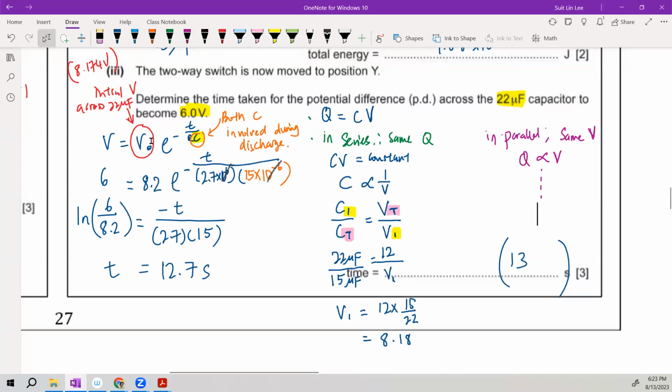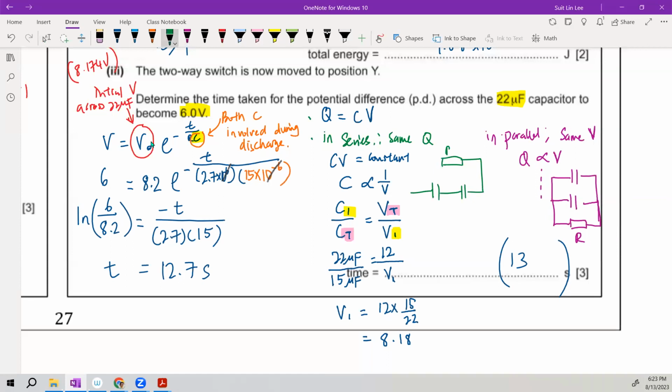If let's say you have two capacitors in parallel, like so, and then they discharge through a resistor R. So the difference between this versus the one that we have here, one capacitor, two capacitors, resistor R. Okay.